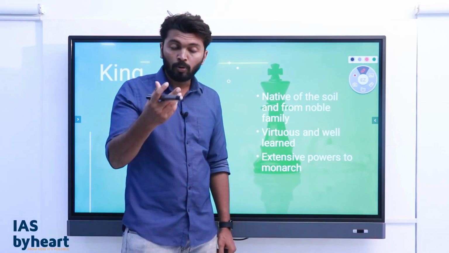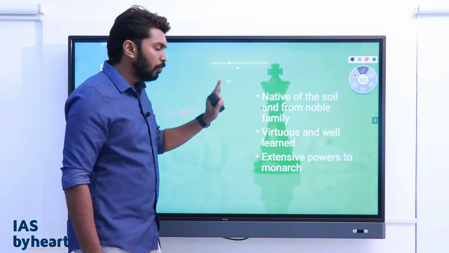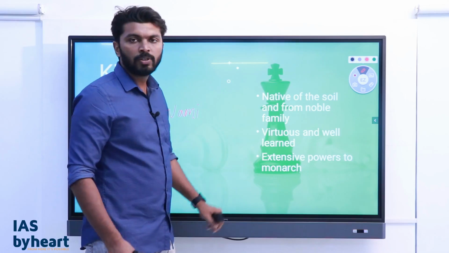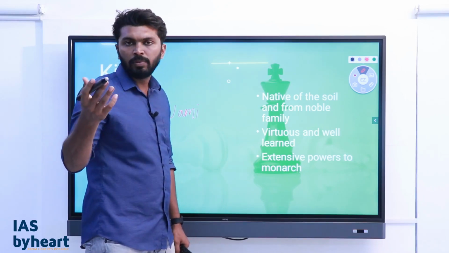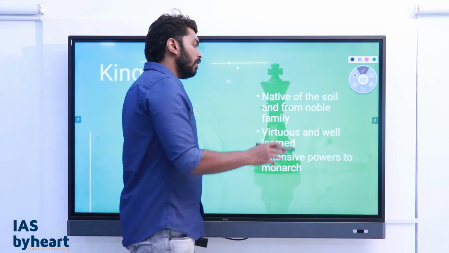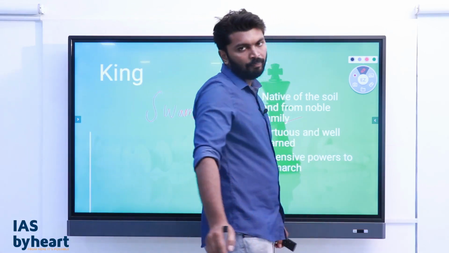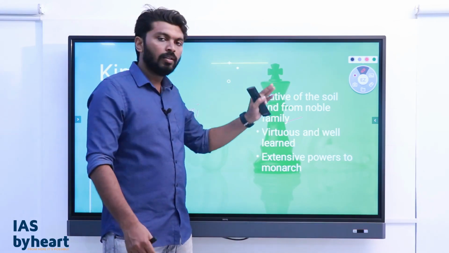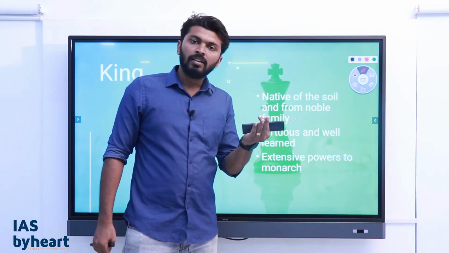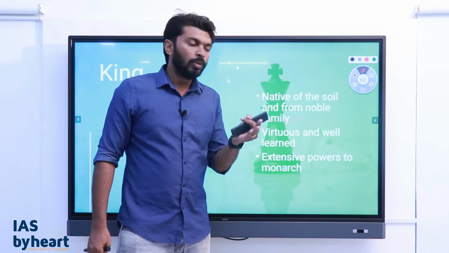He must be a native of that country, not an outsider or foreigner, or else people will not accept that person. And he should be from a noble family, to distinguish a common man from a noble man. People always accept their king from a noble family or a noble person.